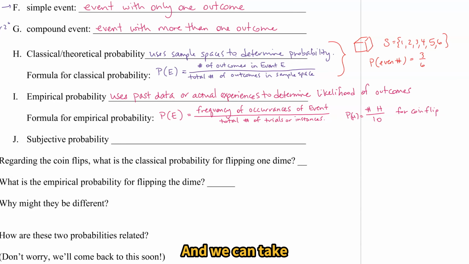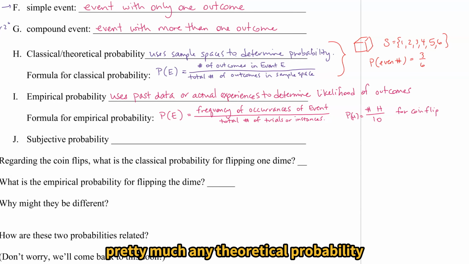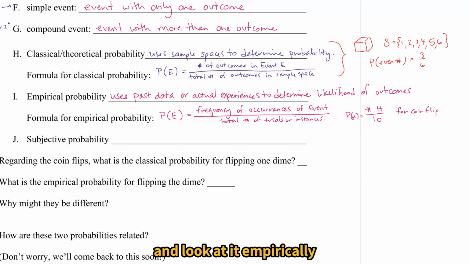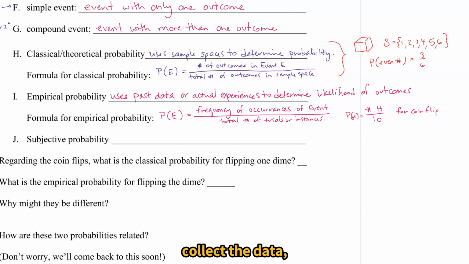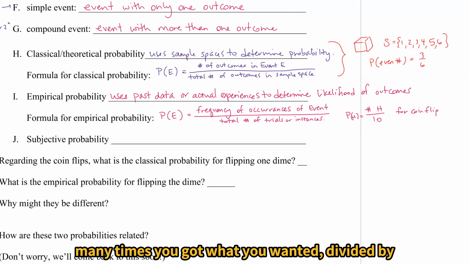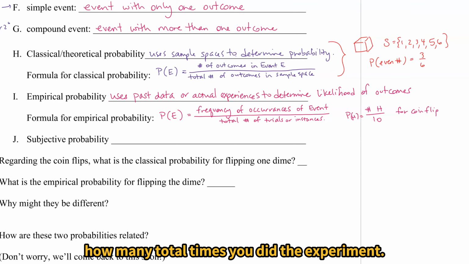And we can take pretty much any theoretical probability and look at it empirically by just collecting the data. Flip the coin, roll the die, draw the card, collect the data, and then look at how many times you got what you wanted divided by how many total times you did the experiment.